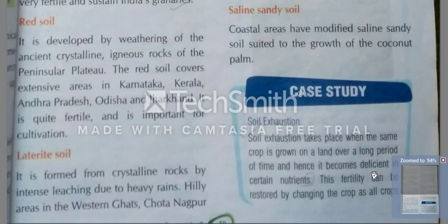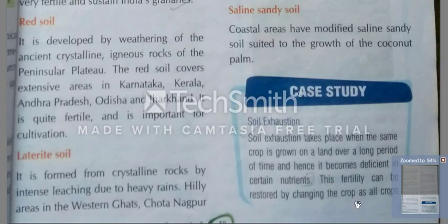This fertility can be restored by changing the crop, as all crops do not need the same nutrients. It means the fertility can be restored. The nutrients which are not there, because of the same crop, the fertility is low, but it can be restored.